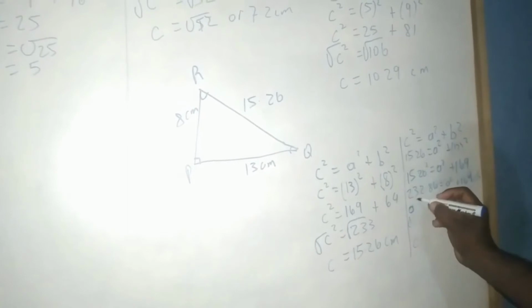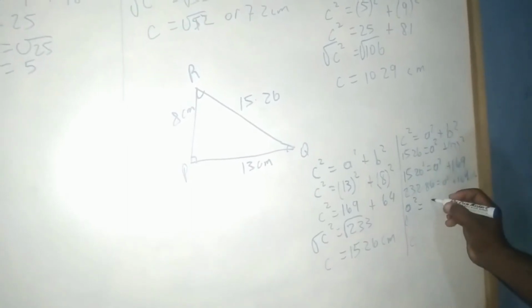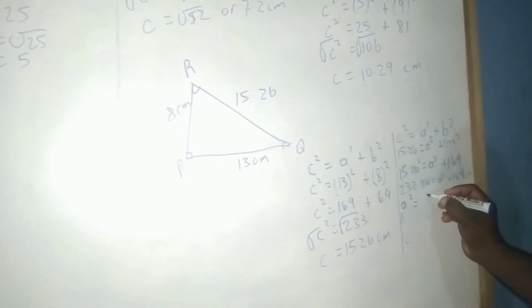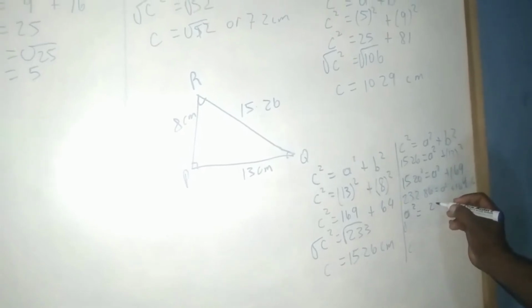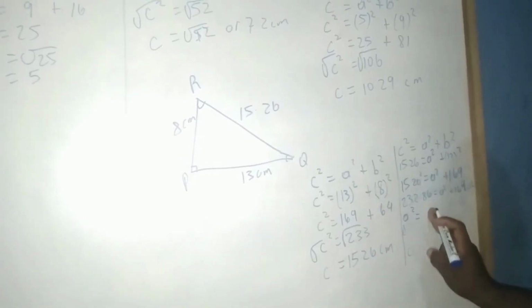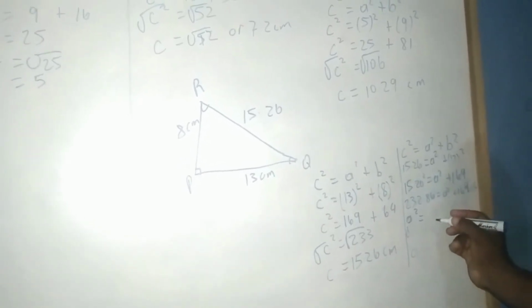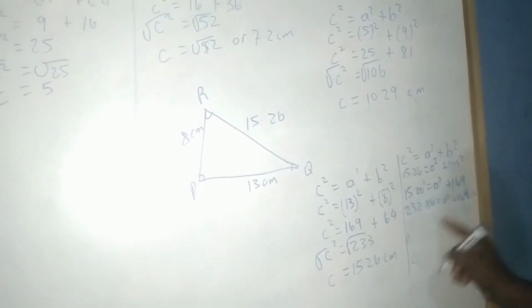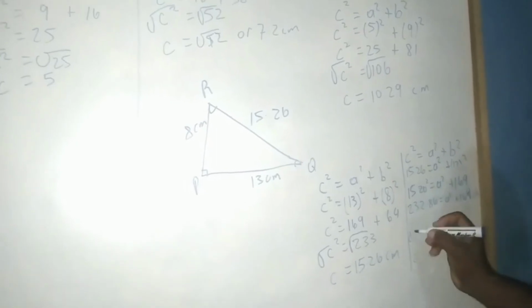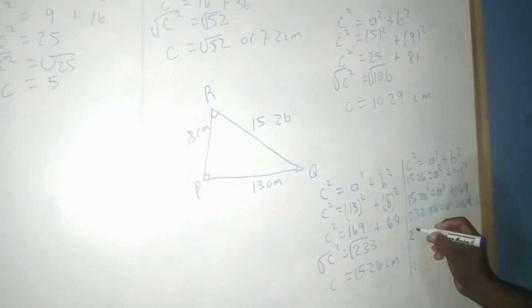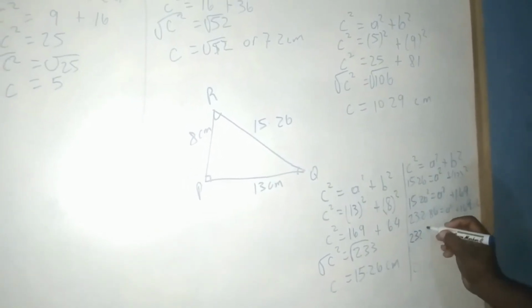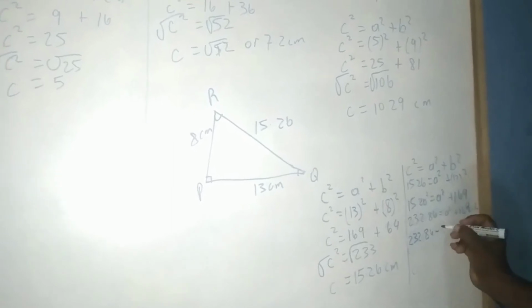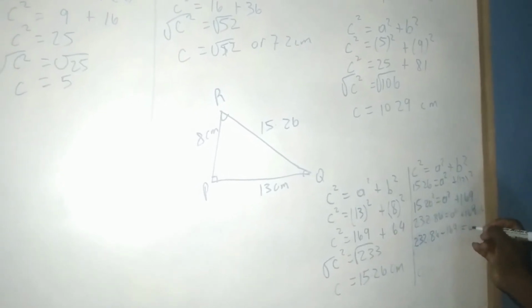So we have a squared is equal to... Alright, I guess it's easier if we subtract the 169. So we have the 2.86 minus the 169 is equal to a squared.